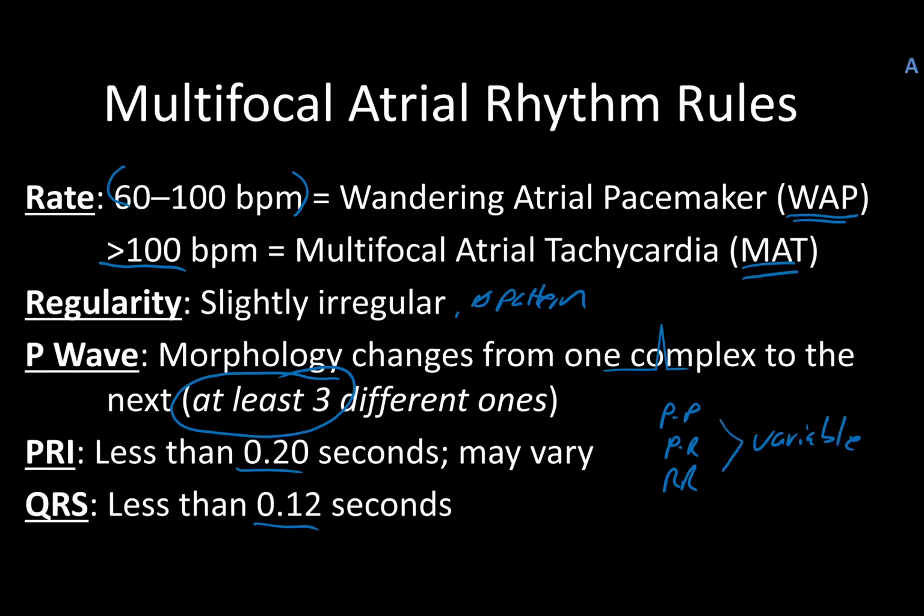They may be very, very close, but most of the time they'll be off by a bit. And then lastly, each unique P wave has its own PRI that will be consistent each and every time you find that shaped P wave throughout. And so let's do some examples so you can see what I'm talking about.